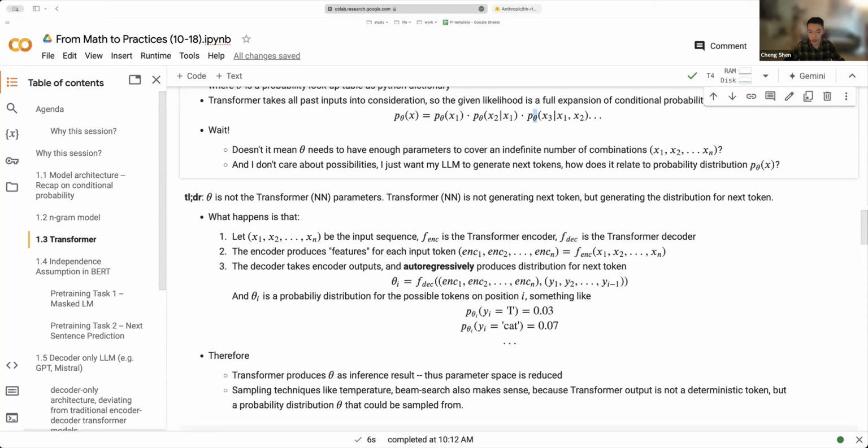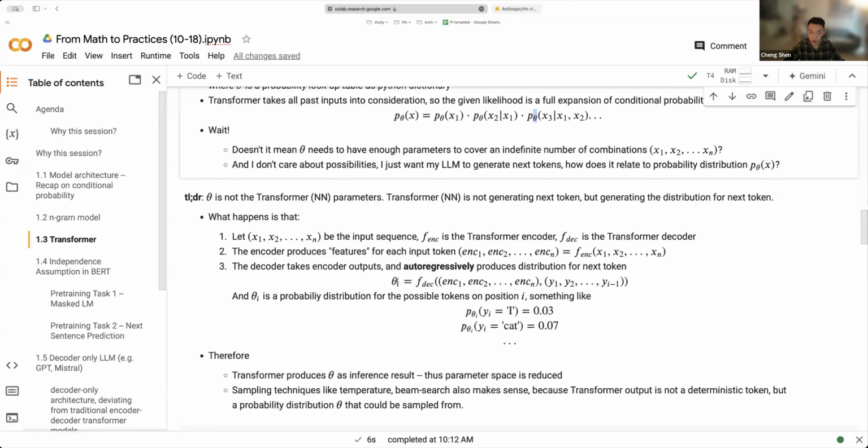It takes all the encoded results of the given sequence and, autoregressively, the decoder only looks at the tokens that have been output so far and produces data that we can use to directly model the likelihood, to model the distribution of the next token.